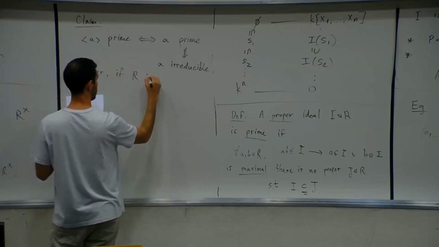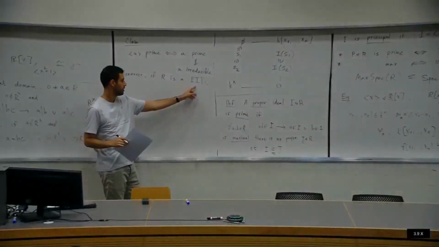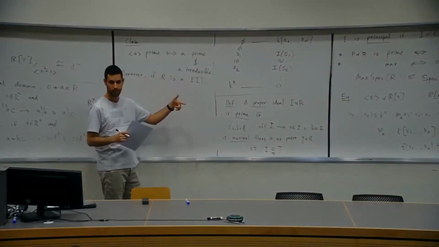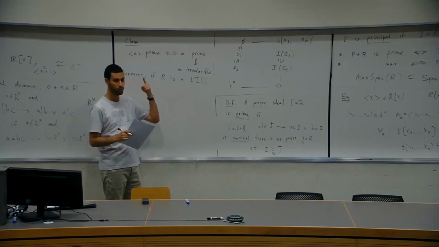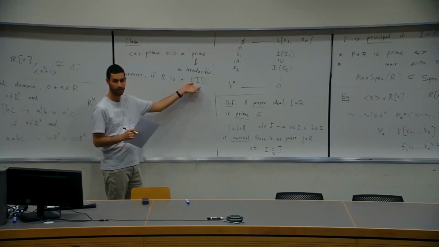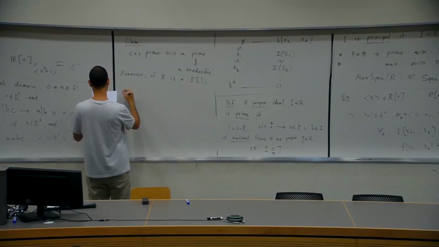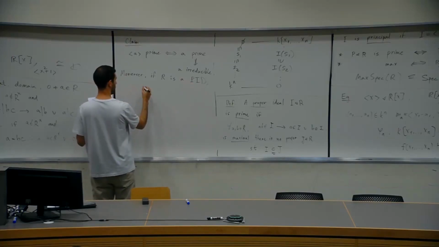And moreover, if R is a PID, so for example, if K is a field, then K[x], the ring of all the polynomials in one variable over a field, is a PID. Z, the integers, is a PID. Then we have an equivalence.